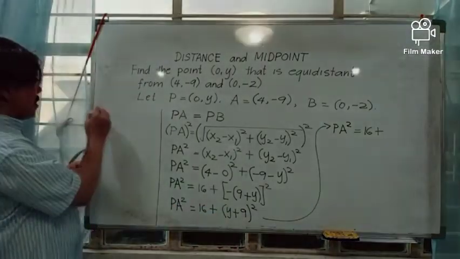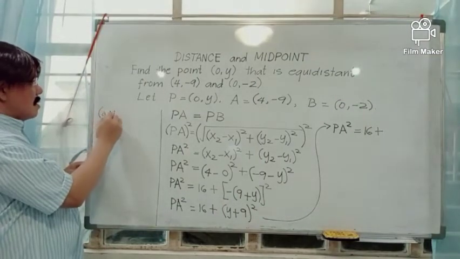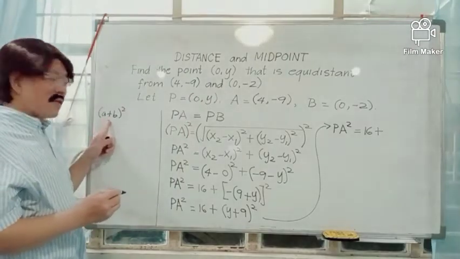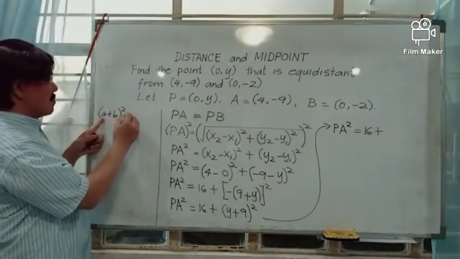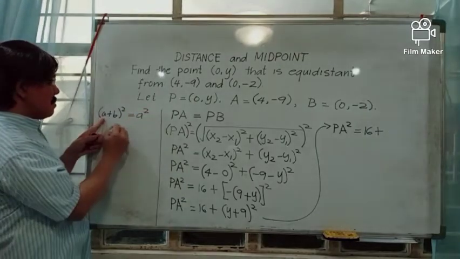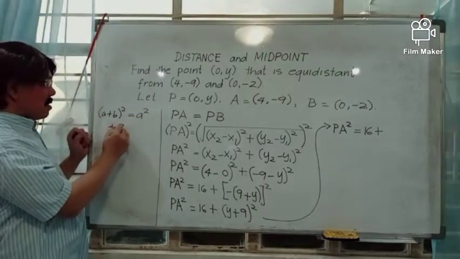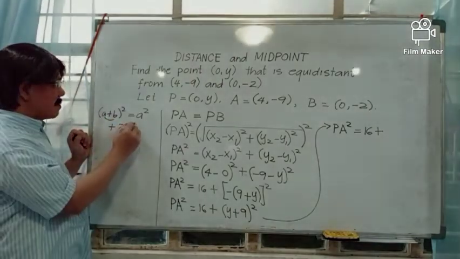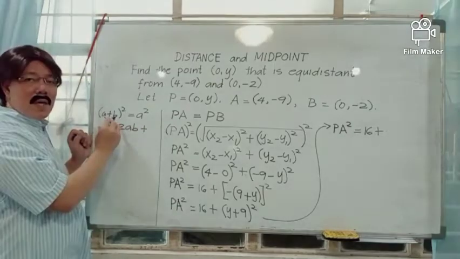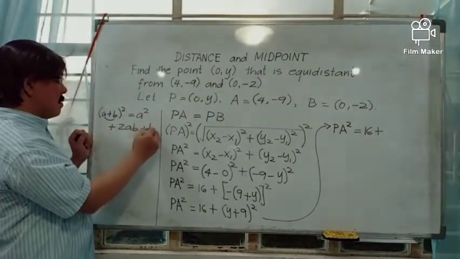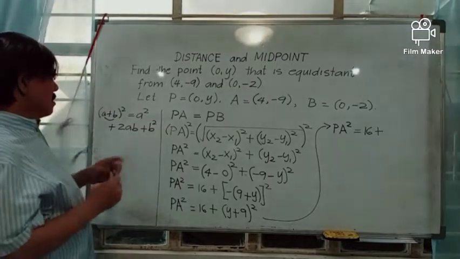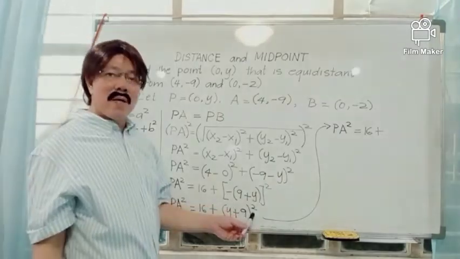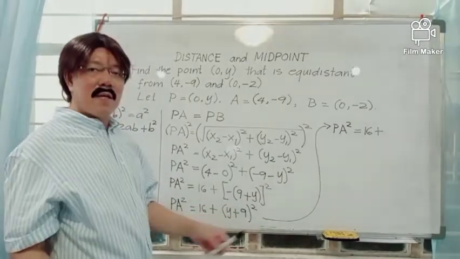From algebra, the square of a sum is equal to the square of the first term, A squared, plus twice the product of the two terms A and B, plus the square of the second term, B squared. This is a special product rule from algebra, and we apply this to get the square of y plus 9.